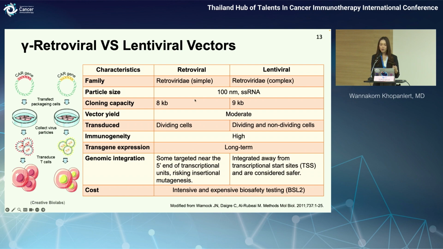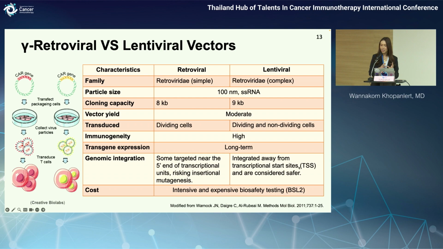However, the retroviral vector, as I mentioned earlier, was associated with genotoxicity in the early trials, because later studies showed that retroviral vectors can integrate in CpG islands, which increases the risk of insertional mutagenesis and long-term oncogenesis compared to lentiviral vectors, which integrate more away from the TSS and are considered safer.